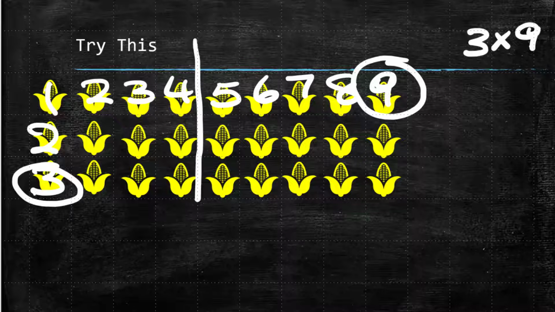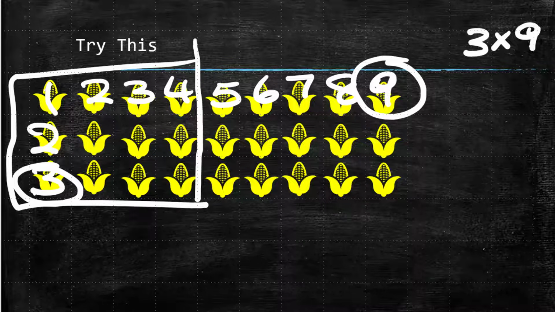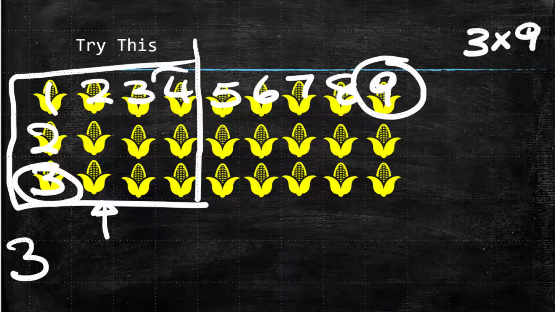So I hope you noticed by now that I break it apart this way, this side of the array has 3 rows and 4 in each row, right? 3 times 4 equals, you guessed it, 12.